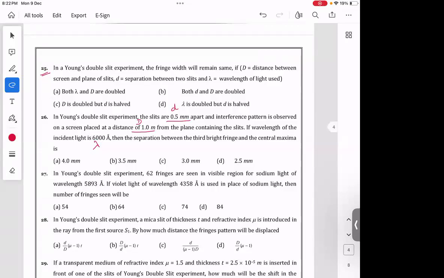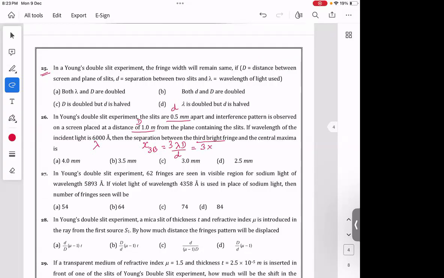They're asking what is the separation of the third bright fringe. They're asking the distance of the third bright fringe. What's the formula for the third bright fringe? It is 3 times lambda capital D by small d.